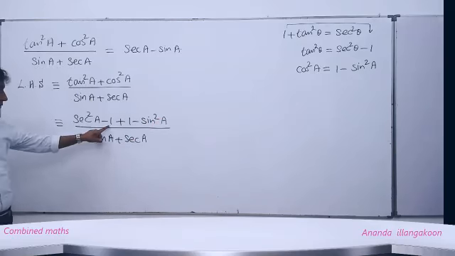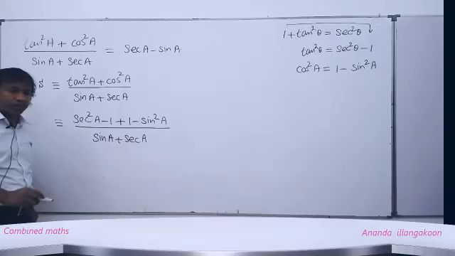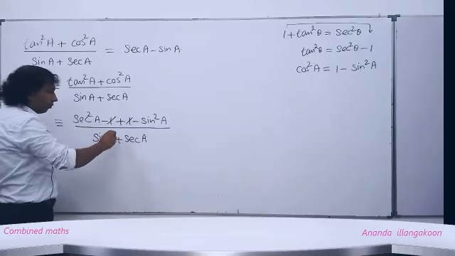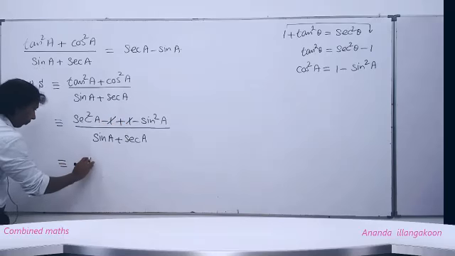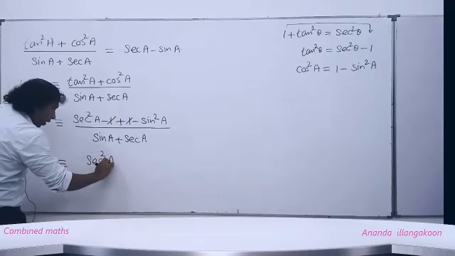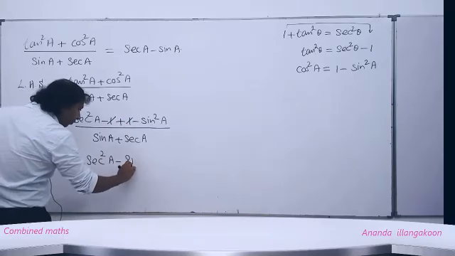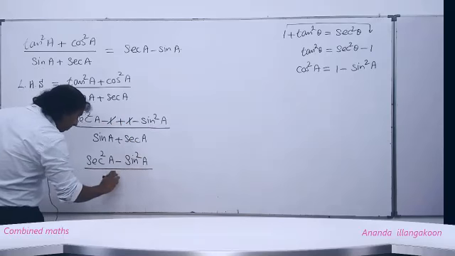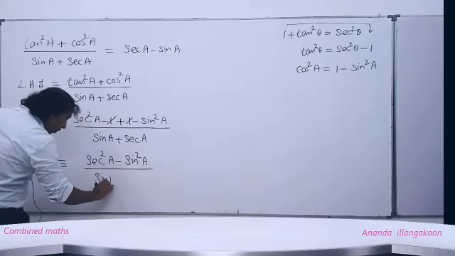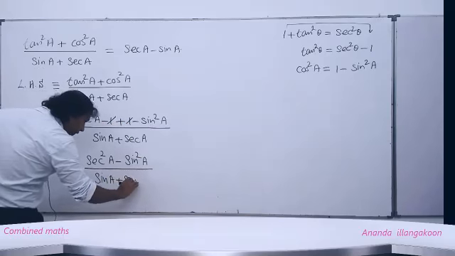Now here minus 1 and this plus 1, what happens? We can cancel down. Now what do we have? Sec squared A minus sin squared A divided by sin A plus sec A.